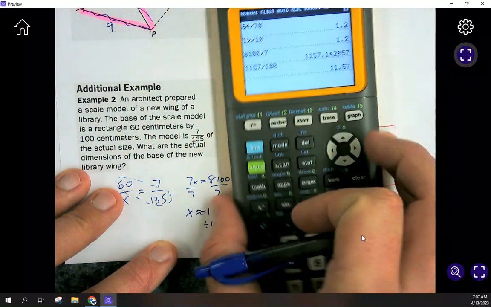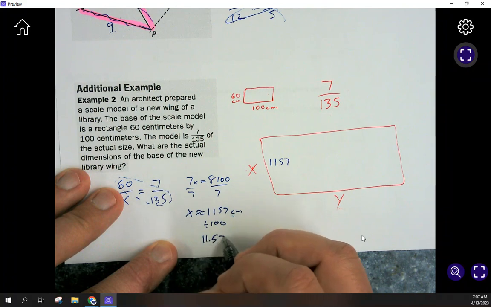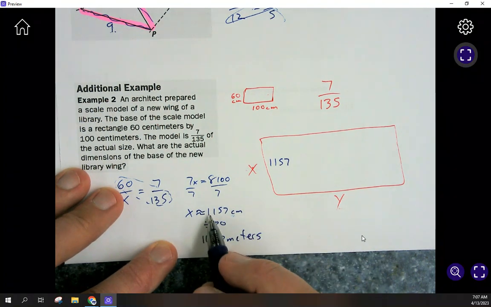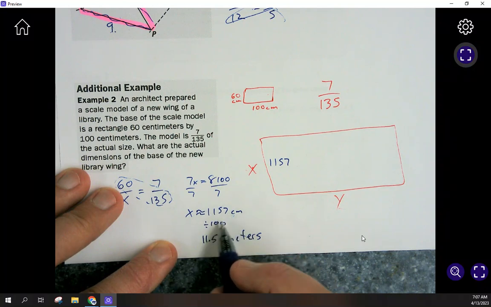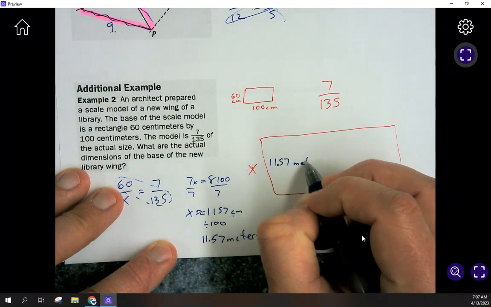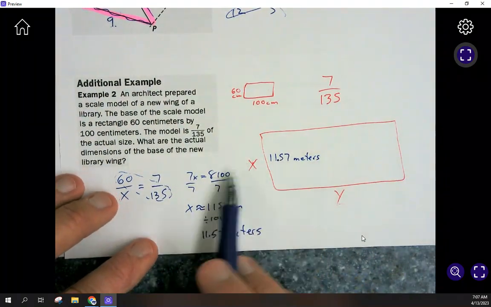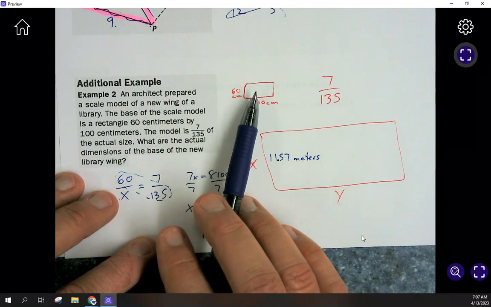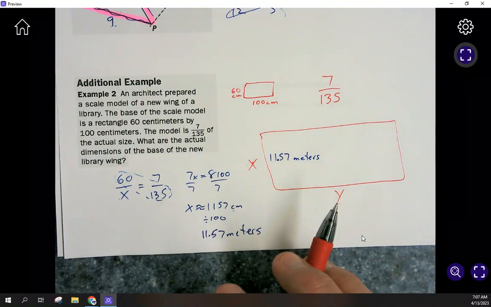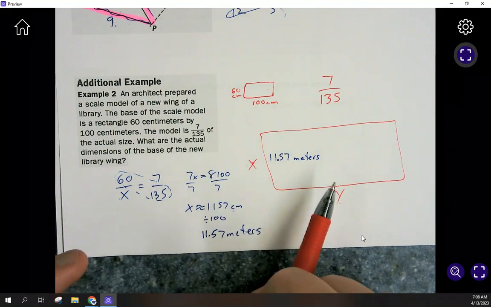So it becomes 11.57 meters. Okay, so 1,157 centimeters, you divide by 100 is actually 11.57 meters, and that's a better measurement for a big wing of a library as opposed to centimeters. But when we're talking about the scale model, we're going to talk about centimeters, not 0.25 meters or something like that. So we do need to be able to go between centimeters and meters.